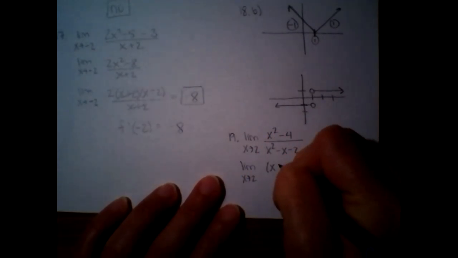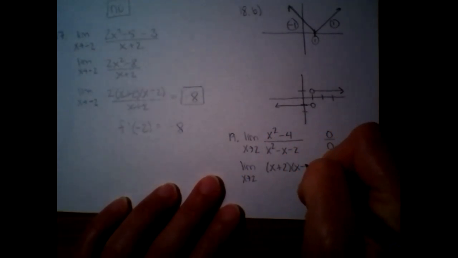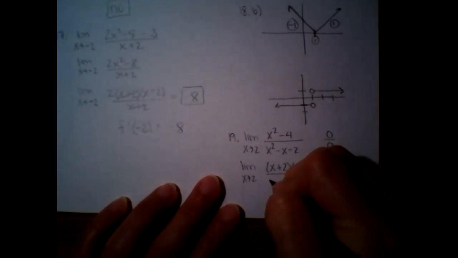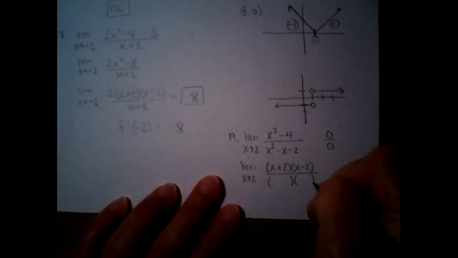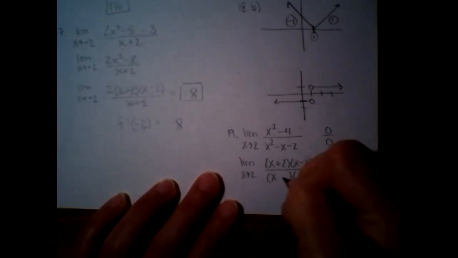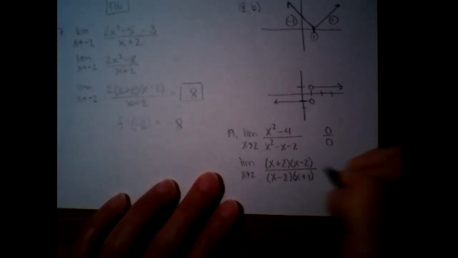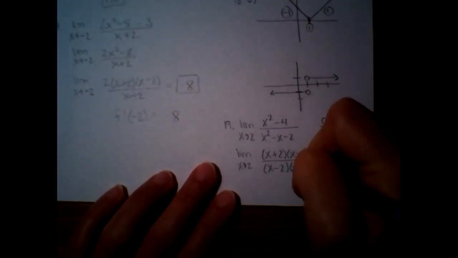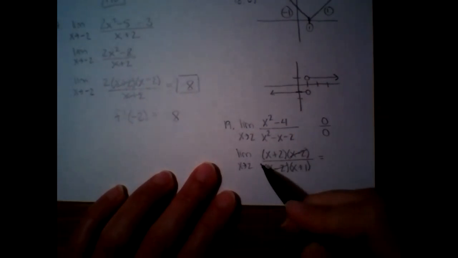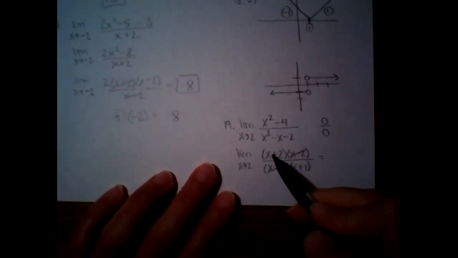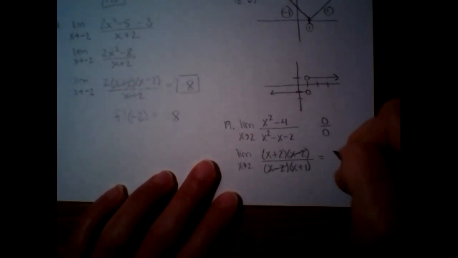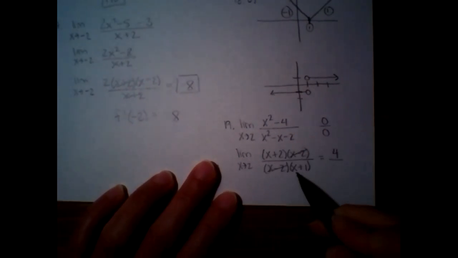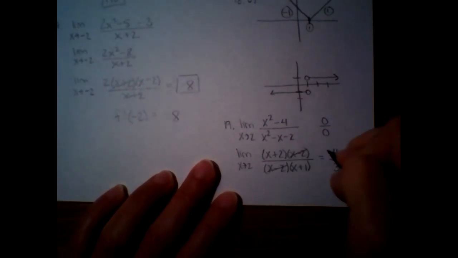So the numerator will be x plus 2, x minus 2. And the denominator is going to split into x minus 2, x plus 1. So the x minus 2's are going to cancel, and then you can plug 2 in for x. So numerator 2 plus 2 is 4, denominator 2 plus 1 is 3.